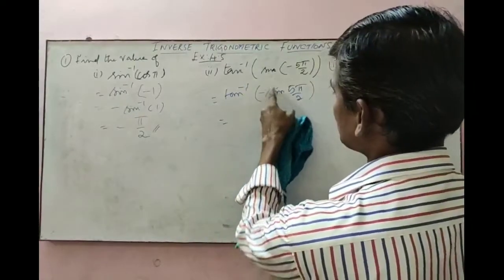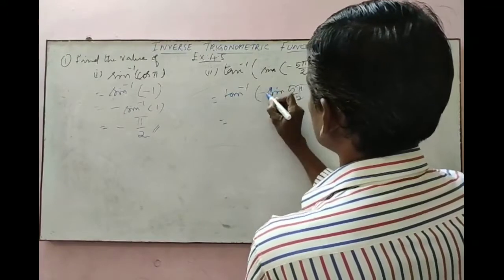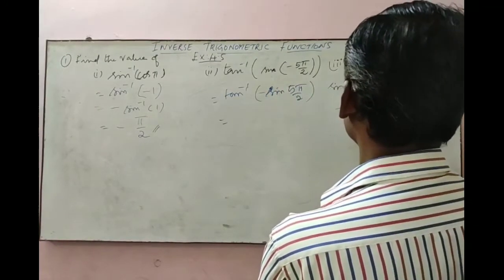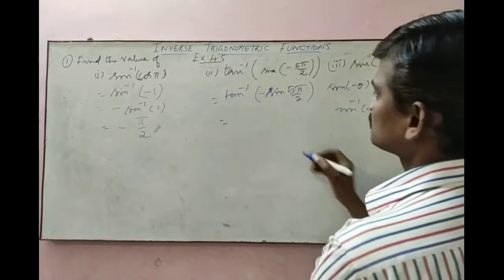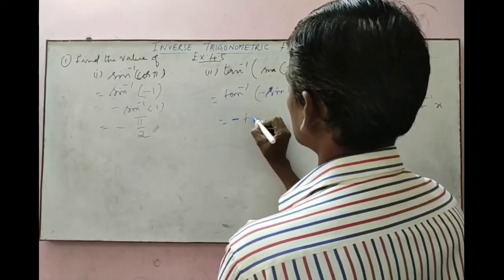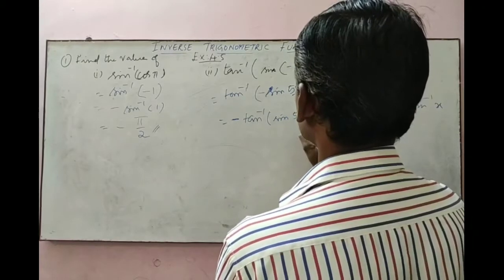Tan inverse of minus theta, you treat this whole thing as theta. So you will get tan inverse of minus x is equal to minus tan inverse of x. Using that, take the minus sign outside. So you will get minus tan inverse of sin 5 pi by 2.